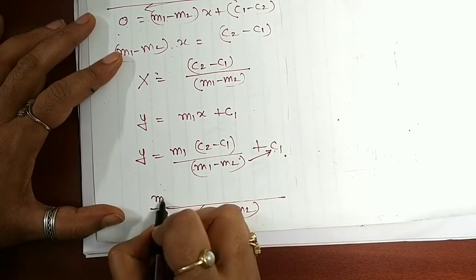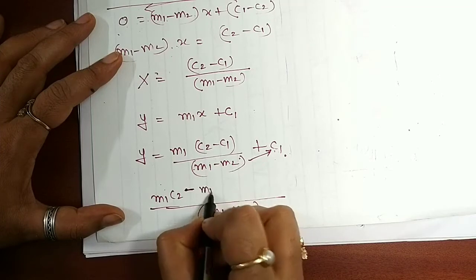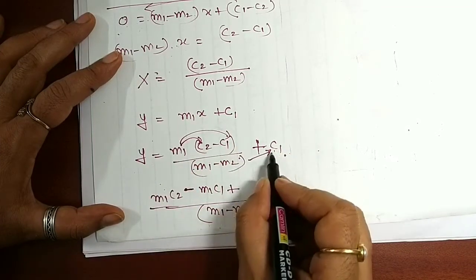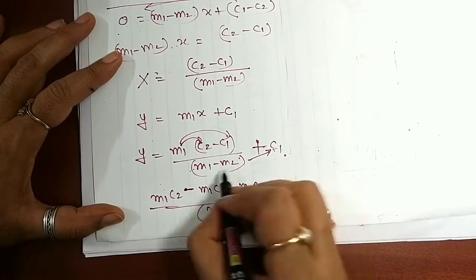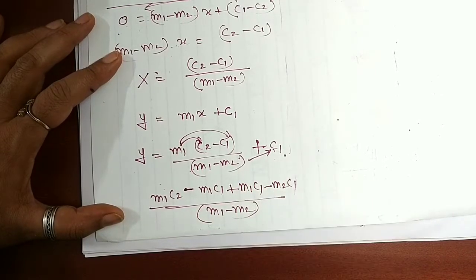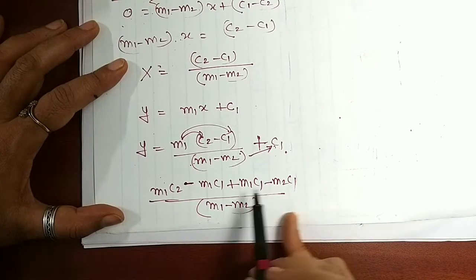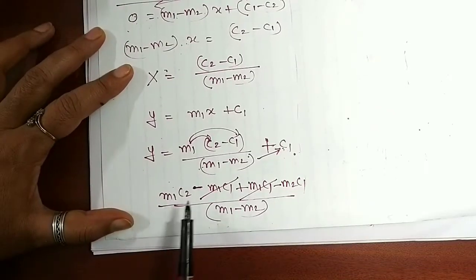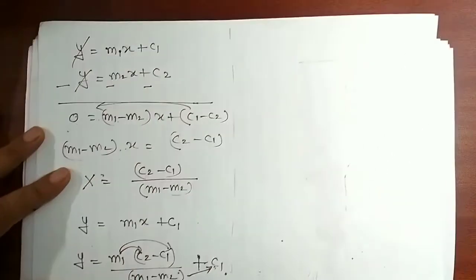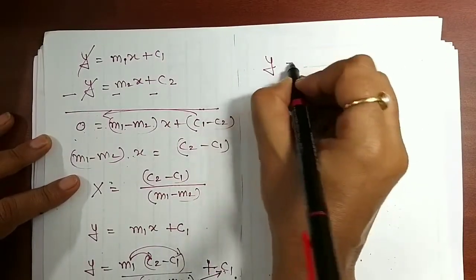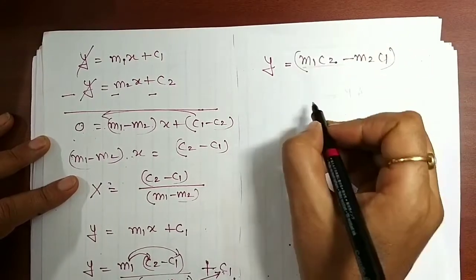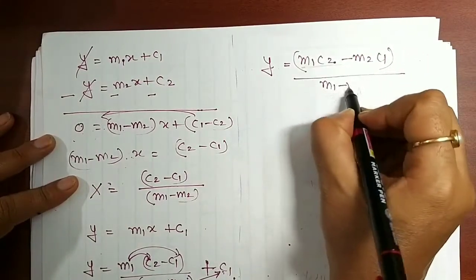So let me simplify. m1c2 minus m1c1, see this is multiplied with this and this, plus this into this, m1c1 minus m2c1. Okay, now this m1c1 will cancel with this one, and I can see my y value is this. Let me write down here, my y value is m1c2 minus m2c1 by m1 minus m2.